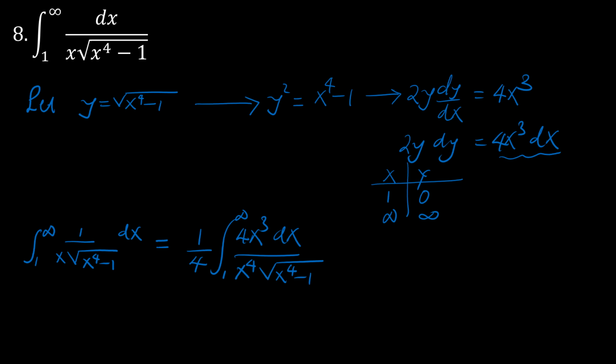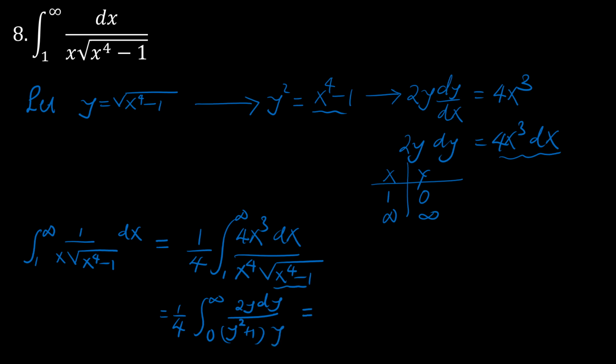So this is the same as a quarter. Now we bring in y, from 0 to infinity. This is 2y dy over y squared plus 1, and then this is y.